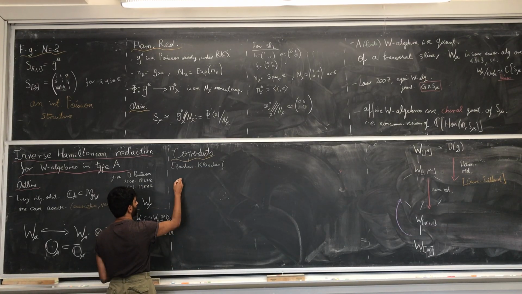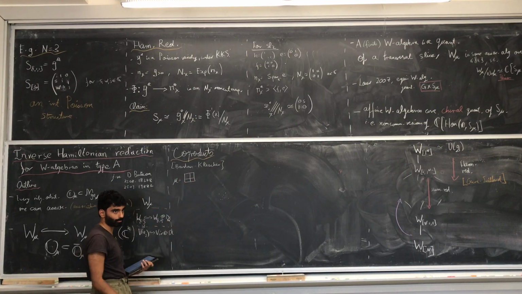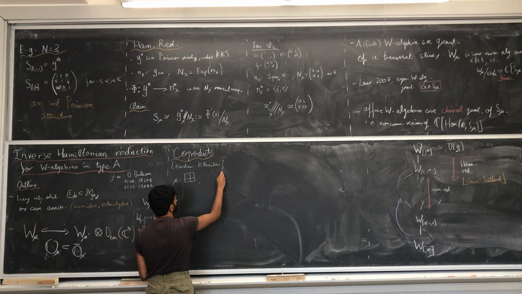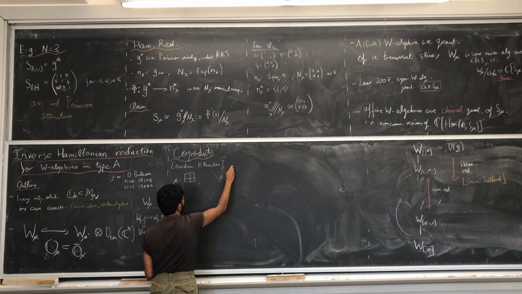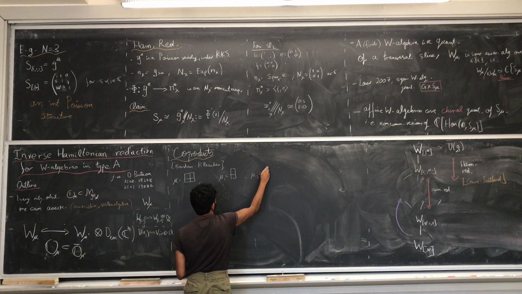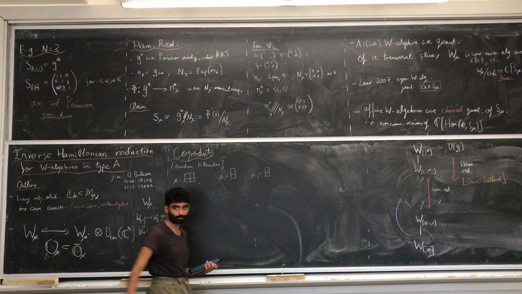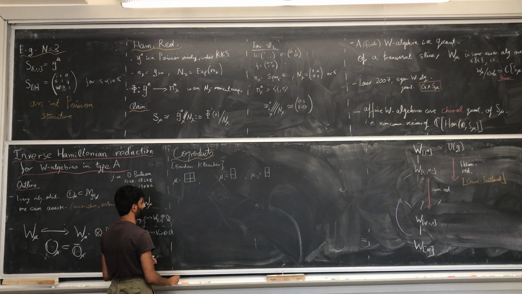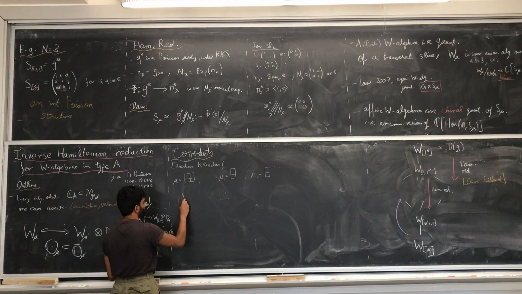So for example, if I have the partition 2,2, this Young diagram looks like this, then I can split this Young diagram into 2 equal pieces, which are just 1,1 and 1,1. And now the work of Creutzig and Klesher says that there exists a coproduct for W mu, which is 2,2 here.